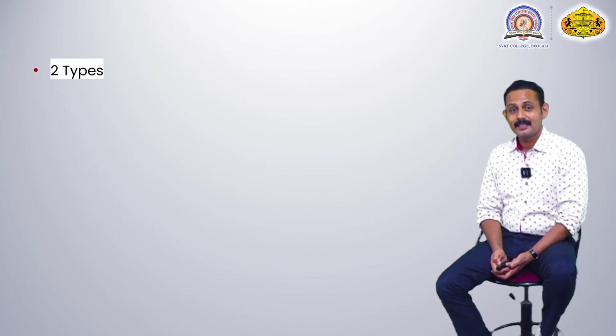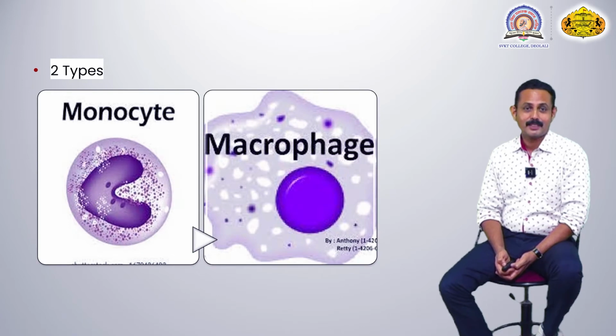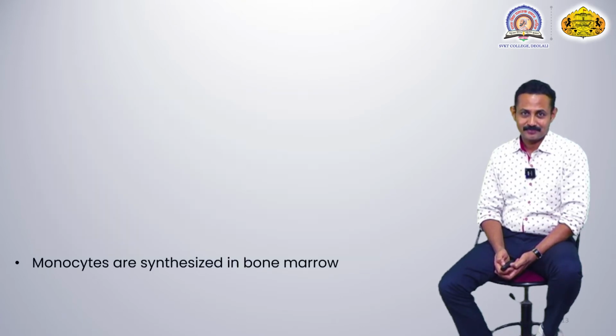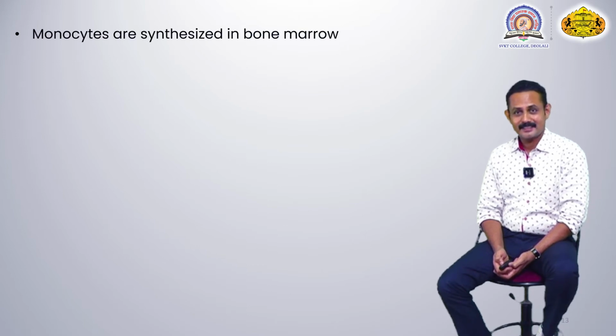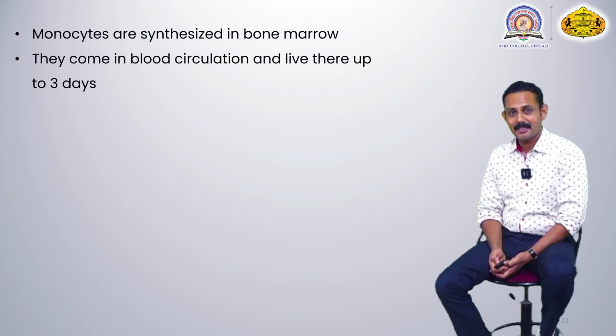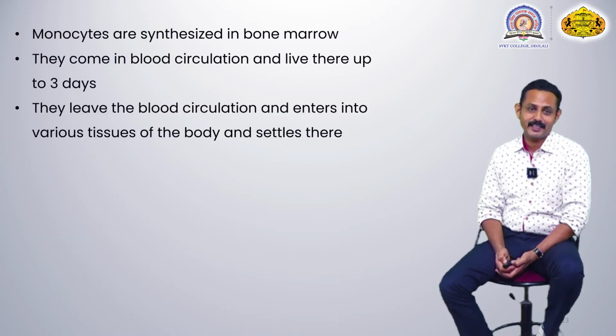Now, these macrophages are of two types. One is called a monocyte, the other is called a macrophage. Monocytes, the name itself indicates, are synthesized in the bone marrow. When they are synthesized in the bone marrow, they come into the blood circulation, and they live there up to 3 days.